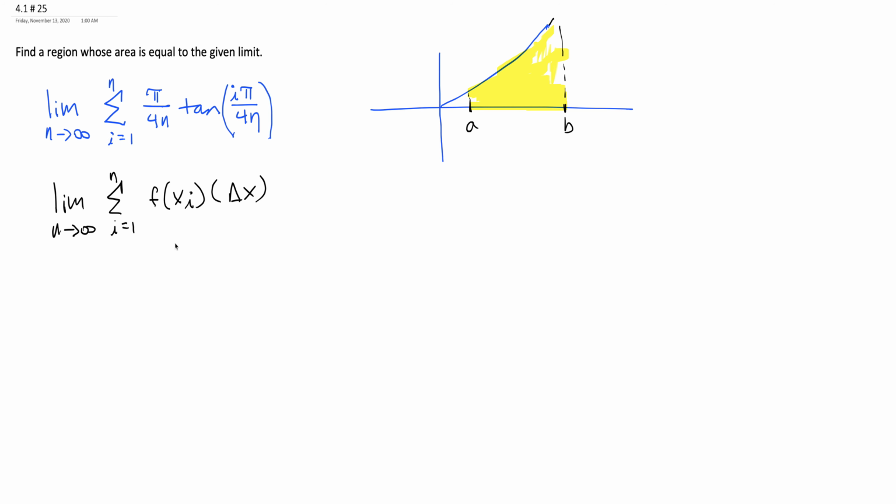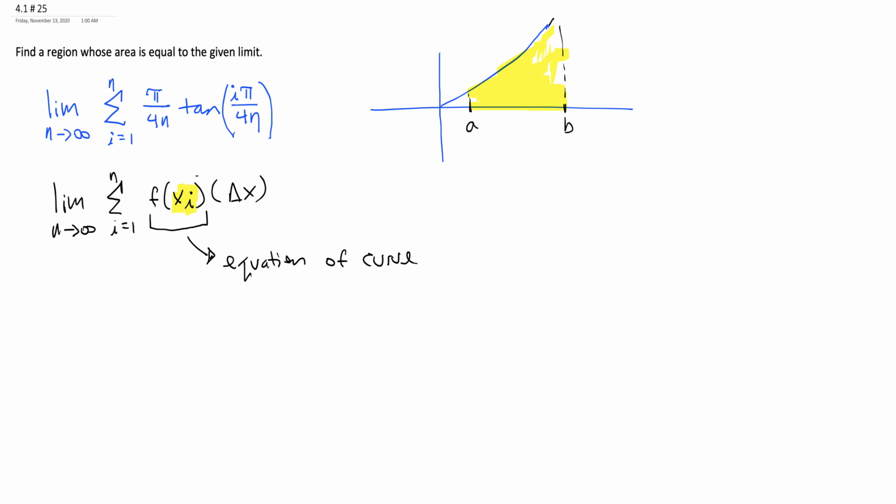Okay, and f of xi is some function. So this is the curve, basically, the equation of the curve.